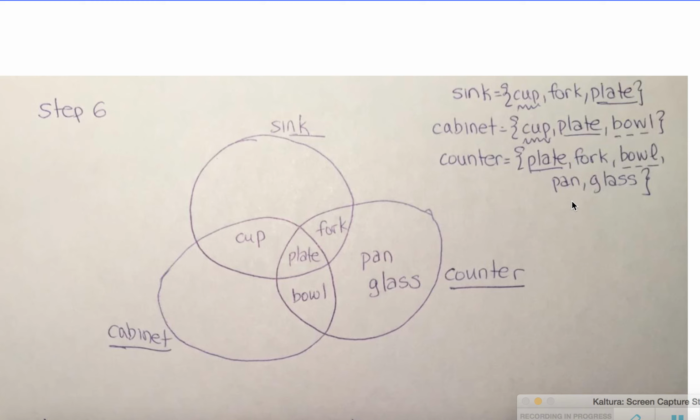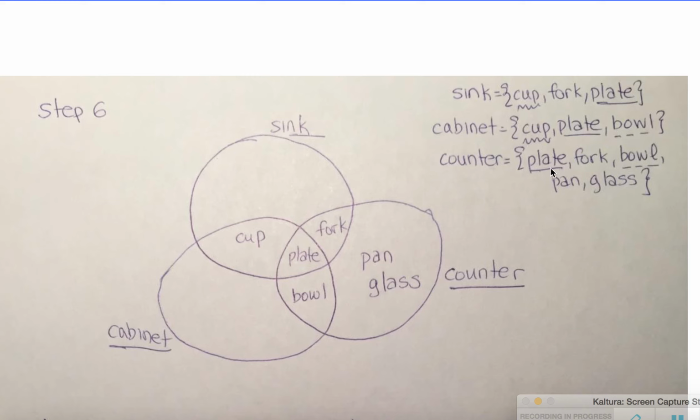So let me take 2 of these at once and decide what goes in where. Let's take the sink and the cabinet. Note here that I denoted the common items: the plate here has a straight line, and here there's a wiggly line under cup because these items are the same, and a dashed line under bowl.